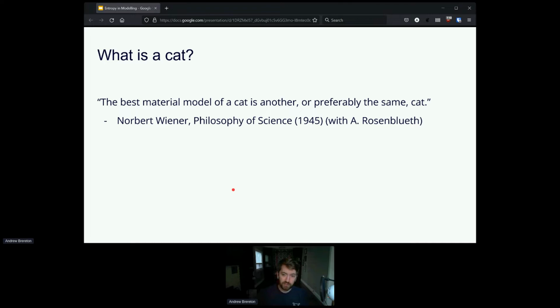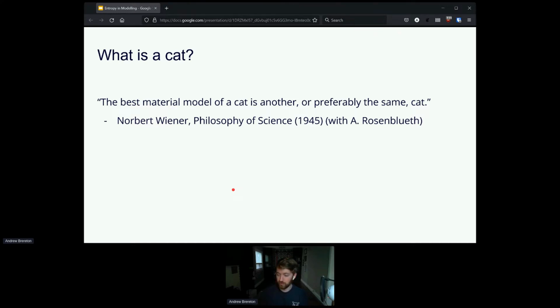This is a quote that I really like, and I think it cuts to the core of the modeling problem, which is the open question of what is a cat. Norbert Wiener said the best material model of a cat is another, or preferably the same, cat.